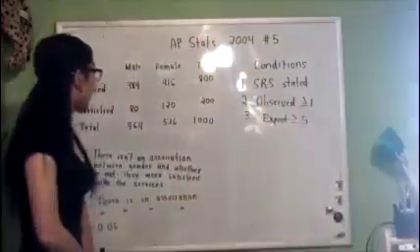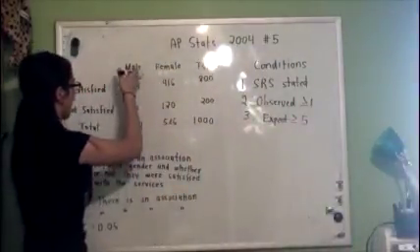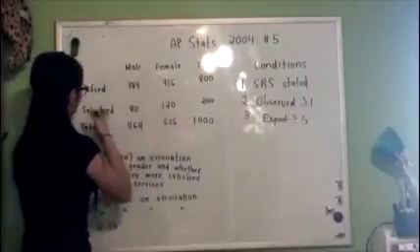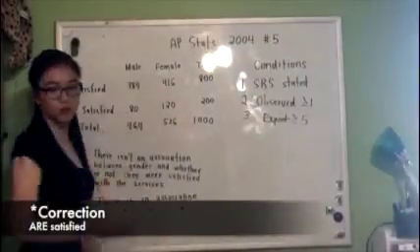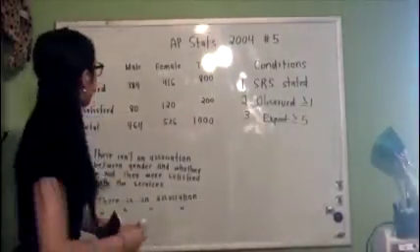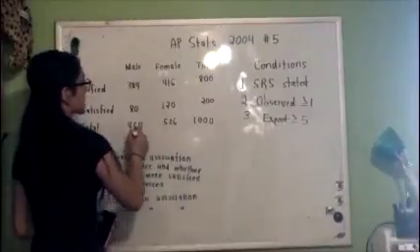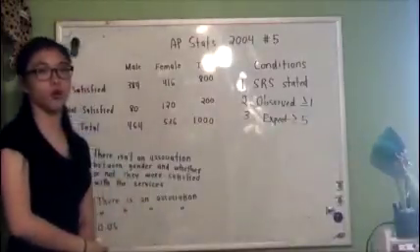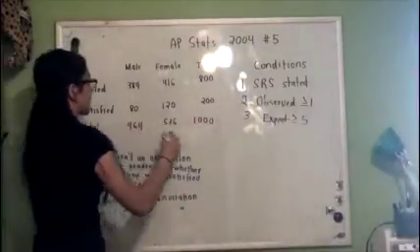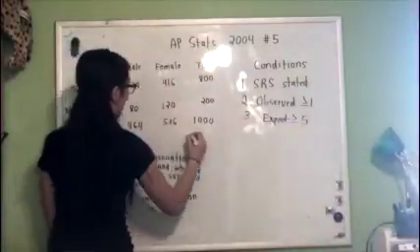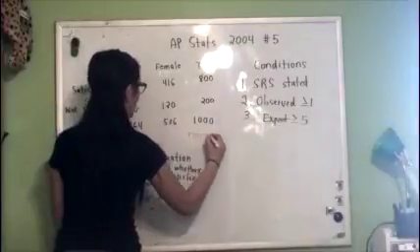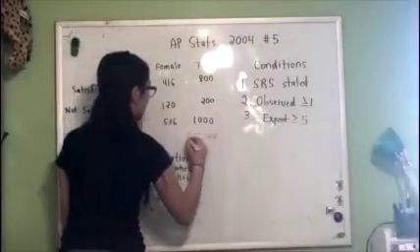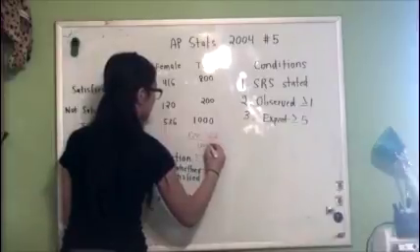So to get that, you would have to take, for example, for male who are not satisfied, the expected value should be, if you take the total for male times the total for satisfied divided by the total of all the sample and everything. So basically, this should be 800 times 464 over 1,000.